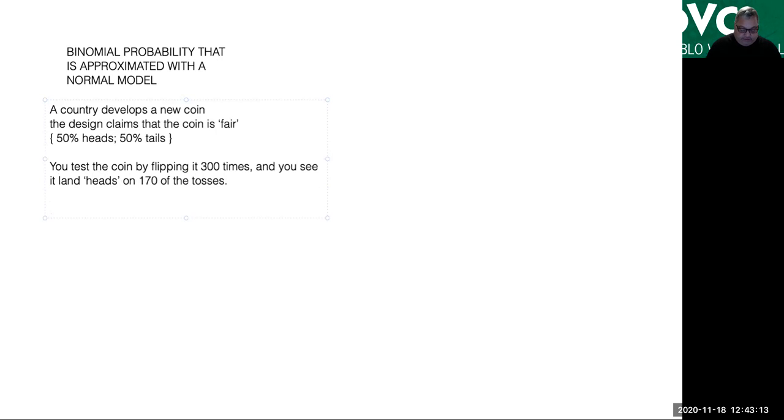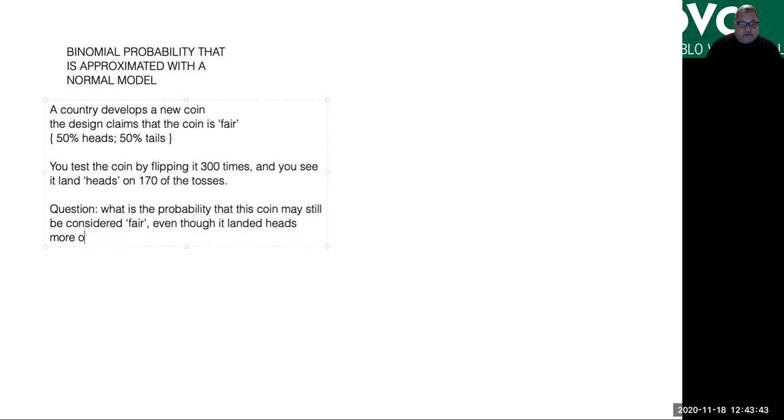So the question I have is, what is the probability that this coin may still be considered fair, even though it landed heads more often than tails.